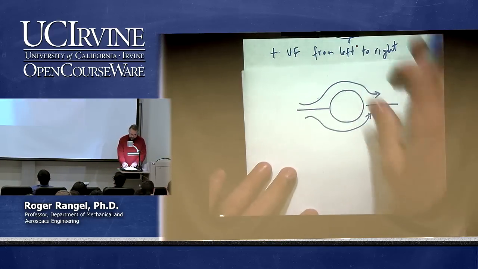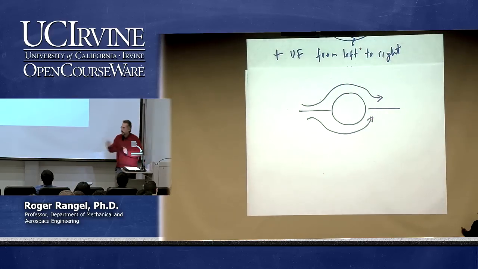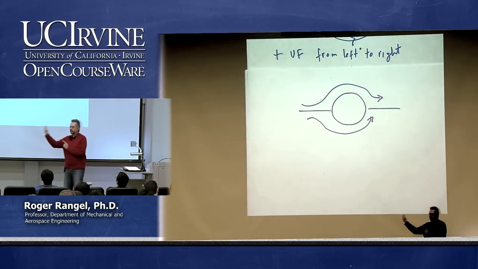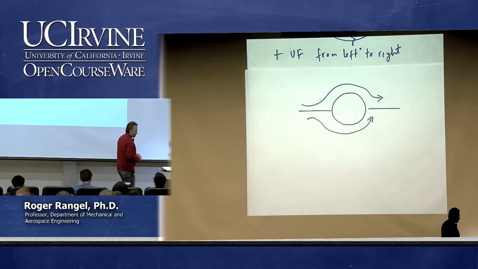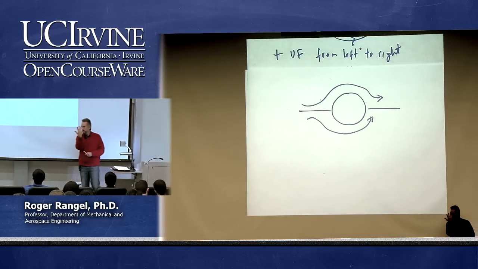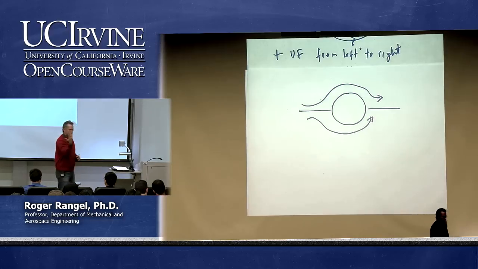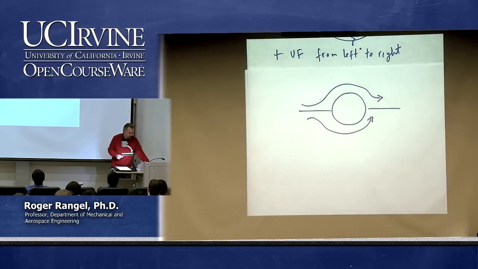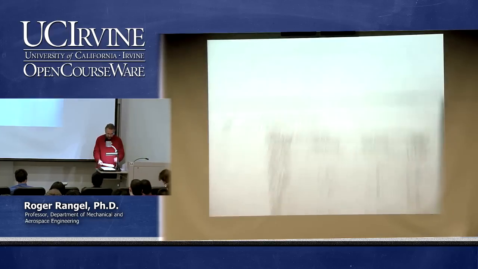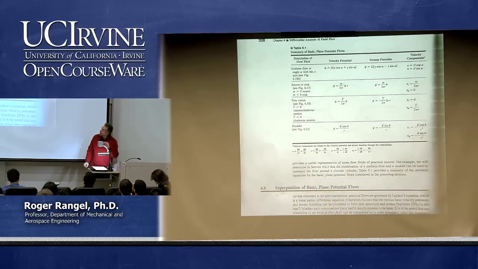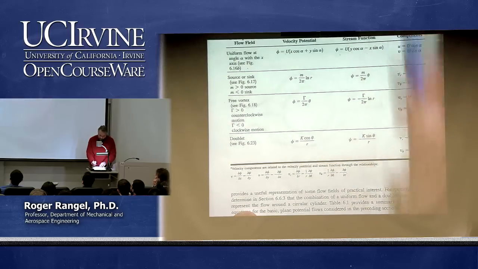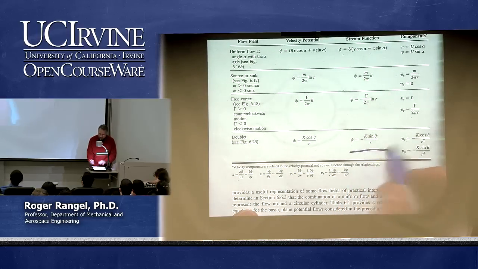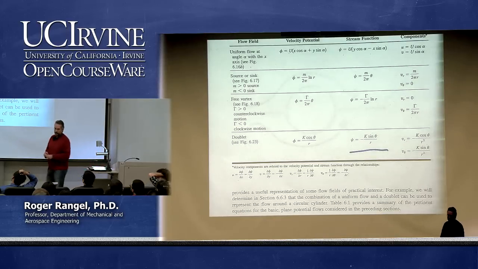Suppose I want to do the opposite problem. I want the flow to be from right to left. What do I have to do to the doublet? I have to flip it. And here is the expression for the doublet. I'm working with the stream function now, to give you both sides of the story.